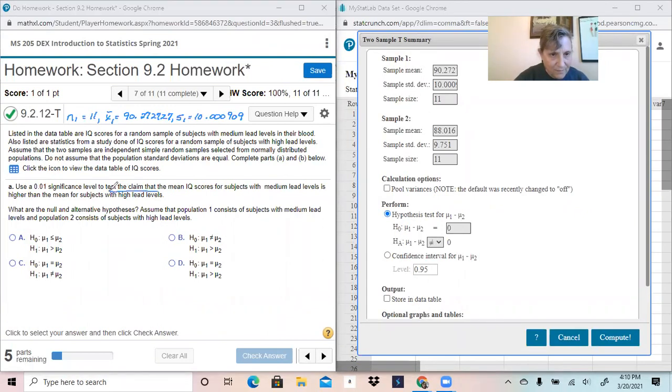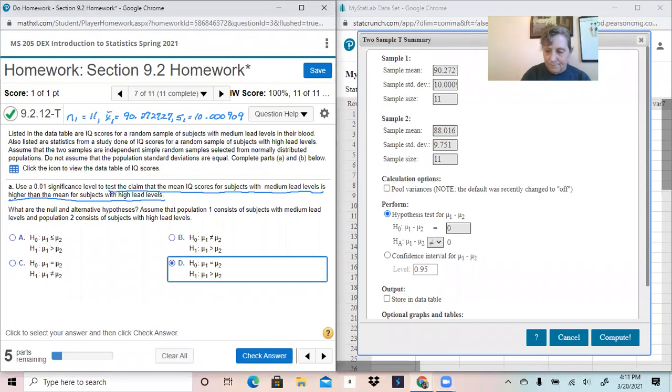Test the claim that the mean IQ scores for subjects with medium lead levels is higher than the mean for subjects with high lead levels. Okay, so medium is the first sample. If the first sample is higher than the second, that's a greater than. So equals, equals, equals, equals and greater than. Boom.